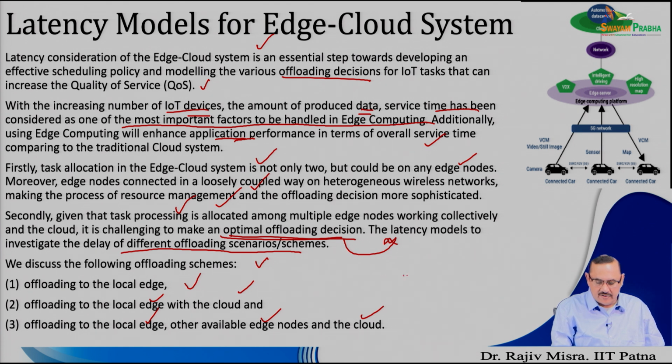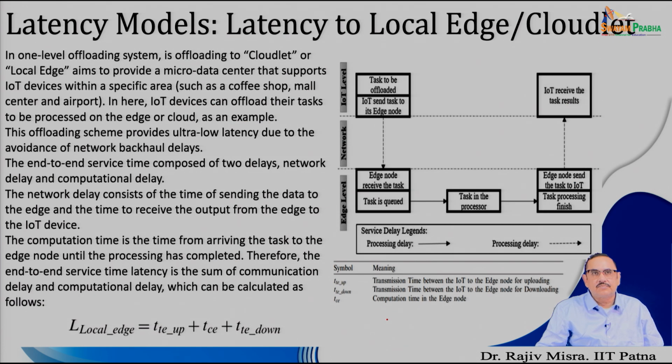So, there are 3 different ways offloading can happen here in an edge cloud system, and the latency model will guide which of these different schemes or strategies of offloading will be useful for supporting that latency sensitive application.